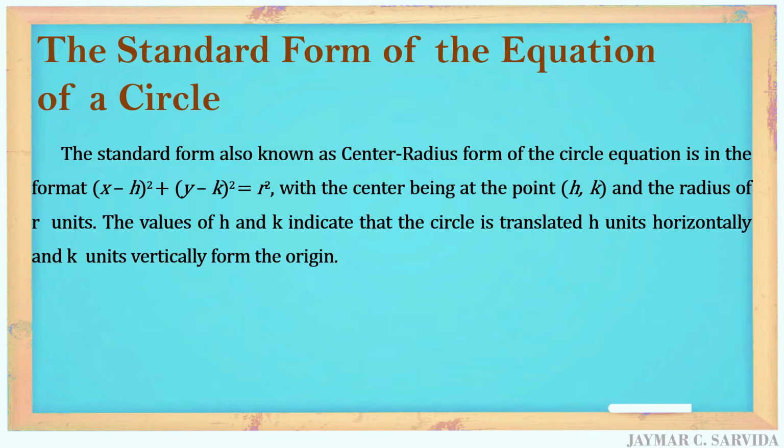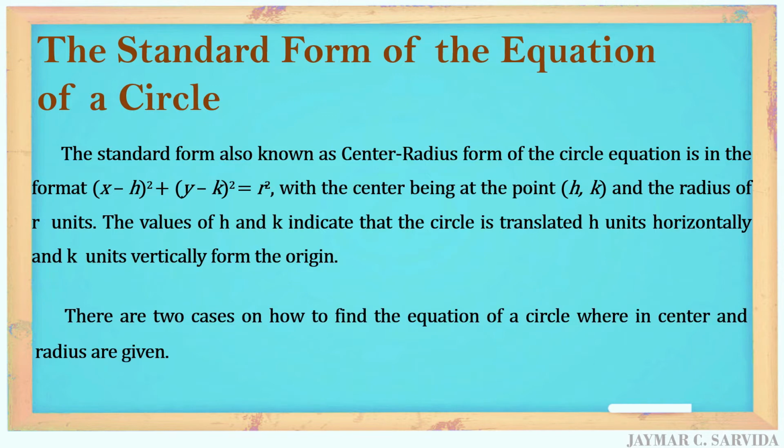The values of h and k indicate that the circle is translated h units horizontally and k units vertically from the origin. So there are two cases on how to find the equation of a circle when the center and radius are given.